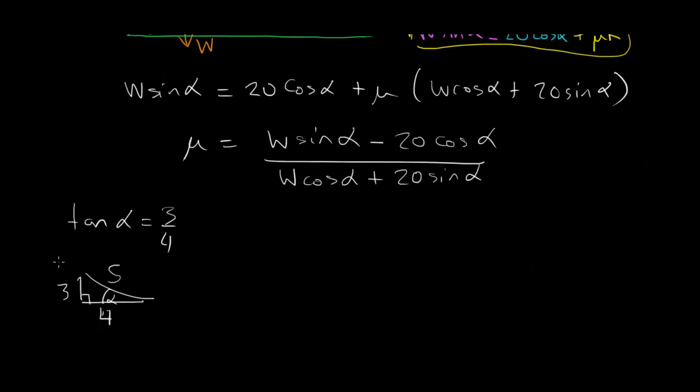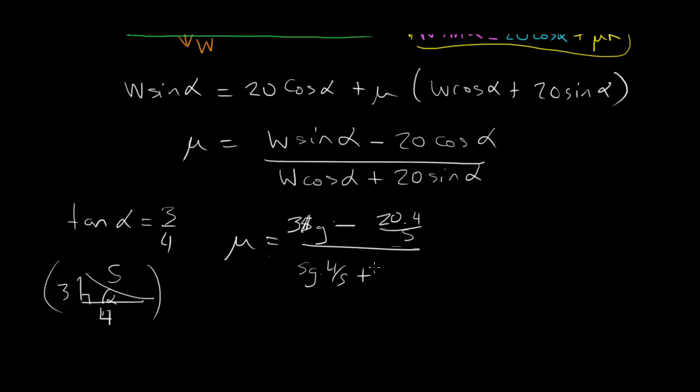So then we can get our sines and our coses from this triangle here, and therefore our mu is going to equal the weight, which is mg, which is 5g, times sine of alpha, and sine is opposite over hypotenuse, so that's 3 over 5, so the 5 disappears and we're left with 3g, minus 20 times cos alpha, which is adjacent over hypotenuse, so that's 4 over 5, so that's 20 times 4 over 5, over cos alpha again, so that's 4 over 5 times W, and that's 5g times 4 over 5 plus 20 times sine, which is opposite over hypotenuse, which is 3 over 5.